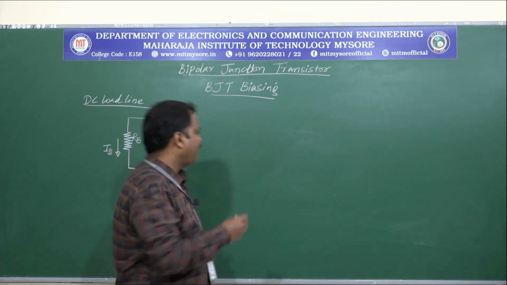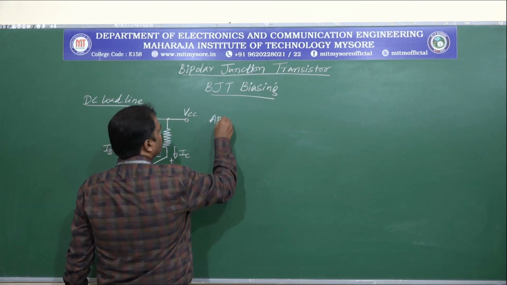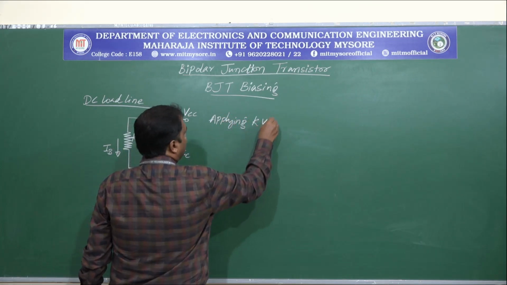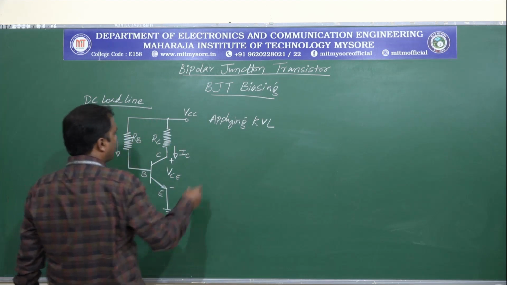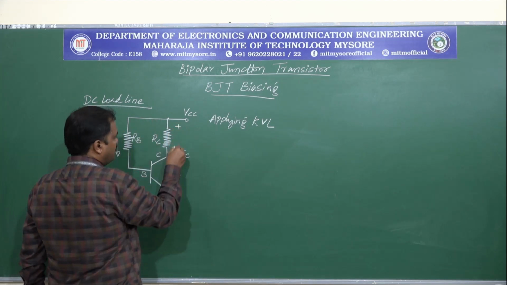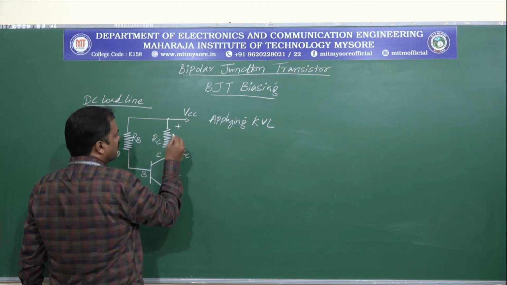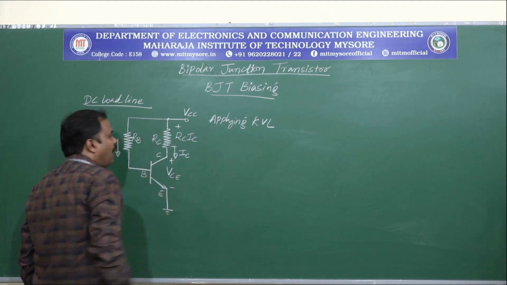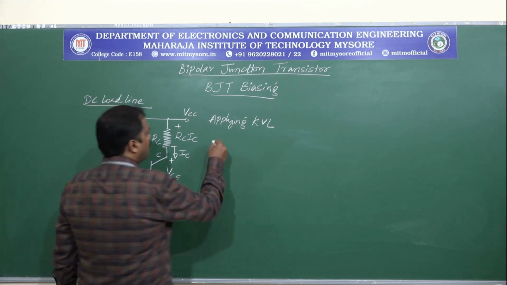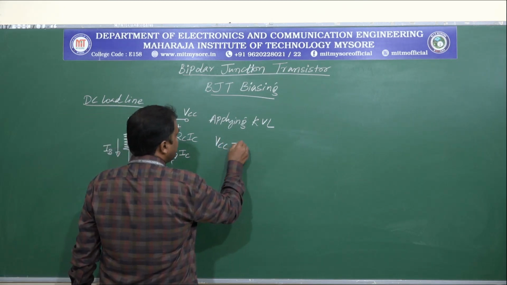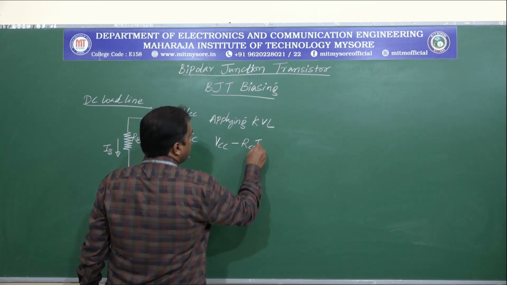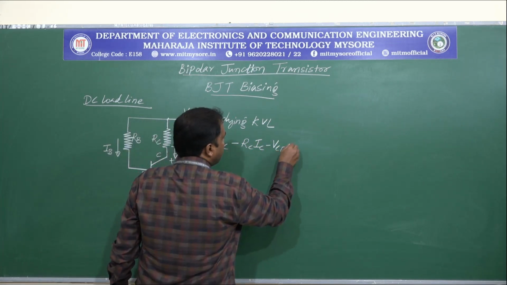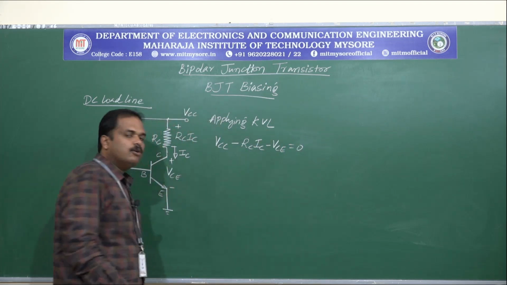Now applying KVL, we can write here, what we can see is across this resistance we have a drop of RC IC. So now we can write VCC minus RC IC minus VCE equals 0.